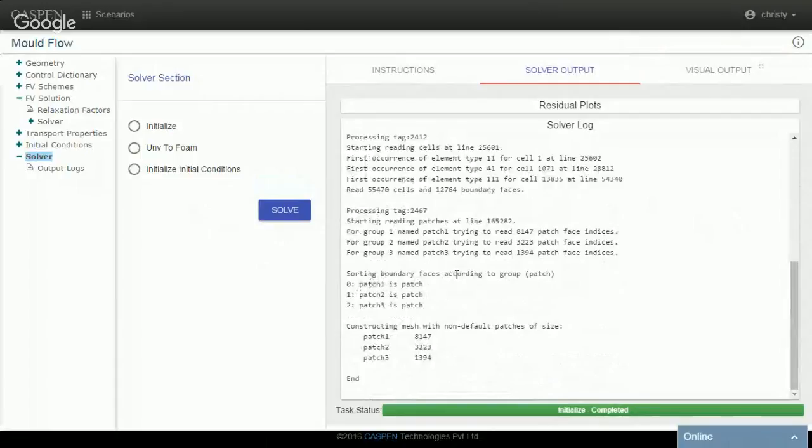And we had named the patches as patch 1, patch 2, patch 3. So all the patch 1, patch 2, and patch 3, these values are basically the number of elements which it has identified within the mesh.